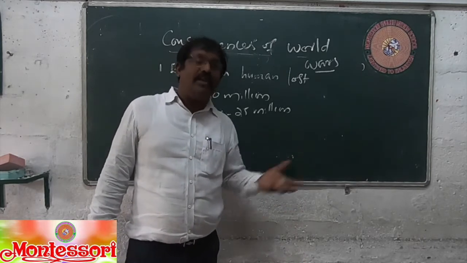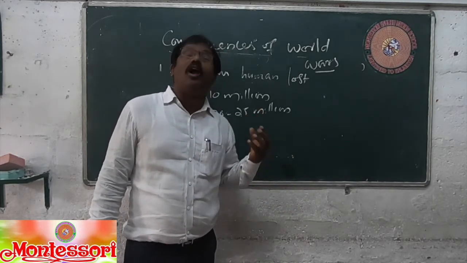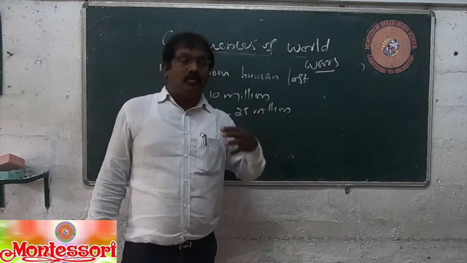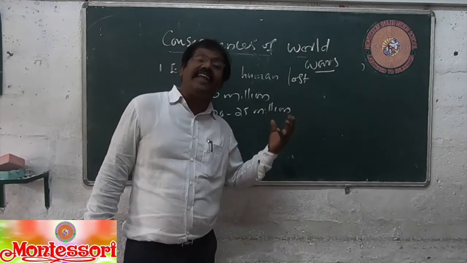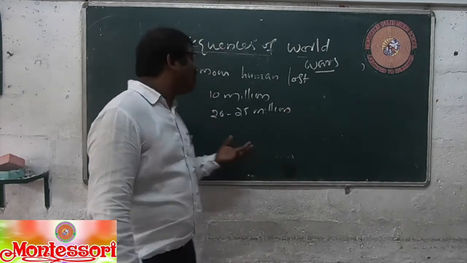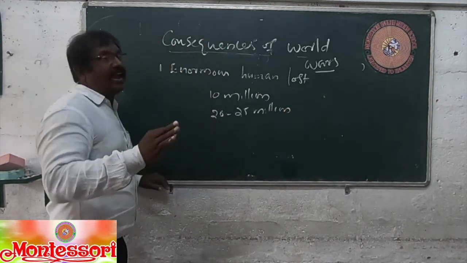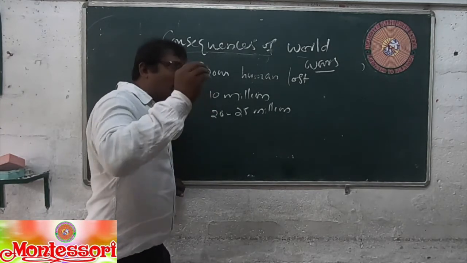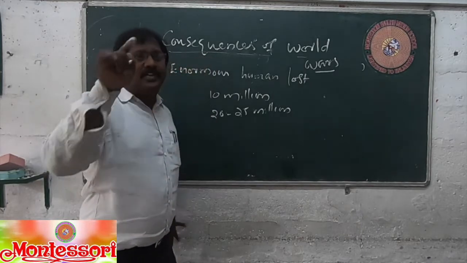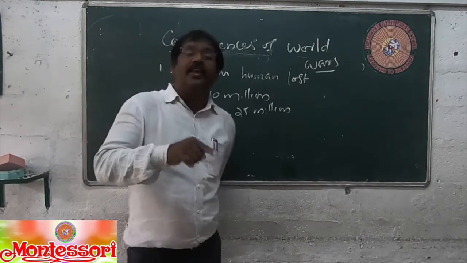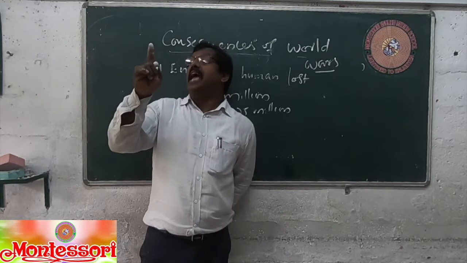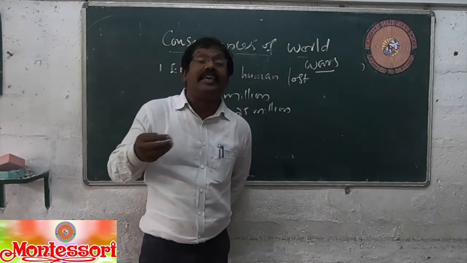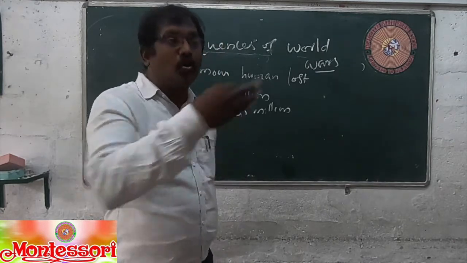And we understand that almost all the countries started to use chemical weapons and lethal weapons during the war. That is the most dangerous thing I want to say. The most dangerous thing is lethal weapons, and it is chemical weapons. Because of this, not only was the life of men lost, but it also affected the life of all the creatures in the world because of the chemical weapons or lethal weapons or nuclear weapons.